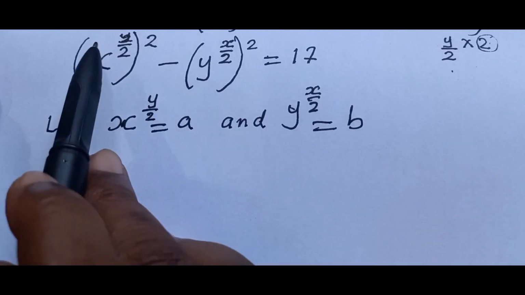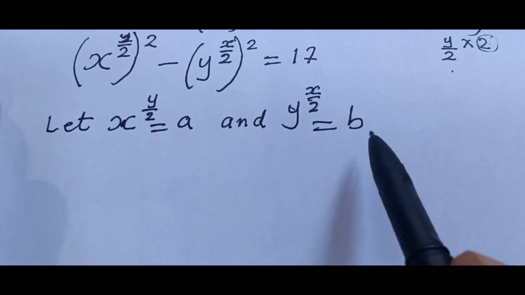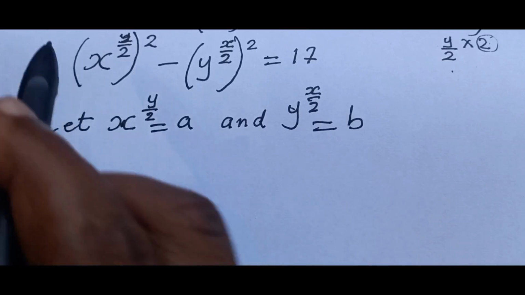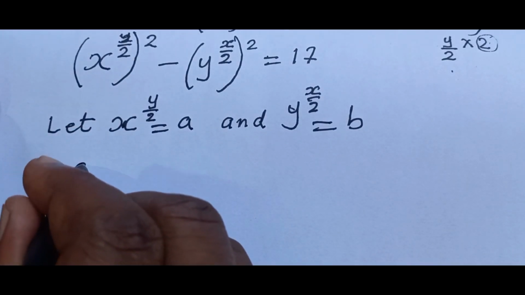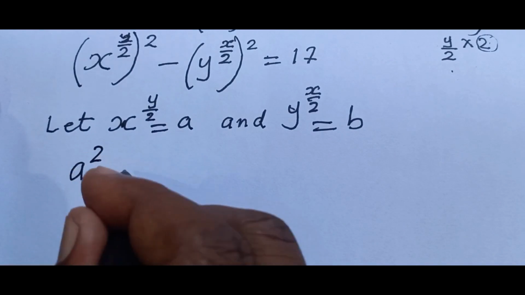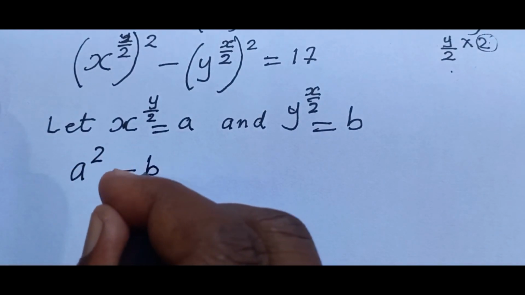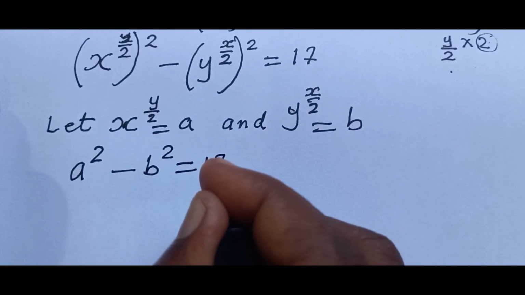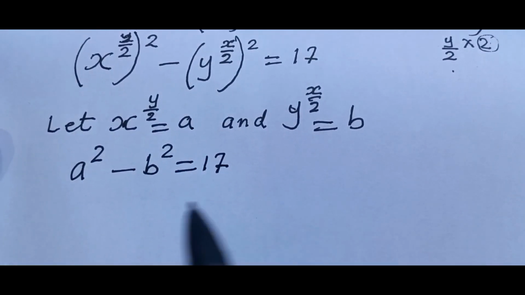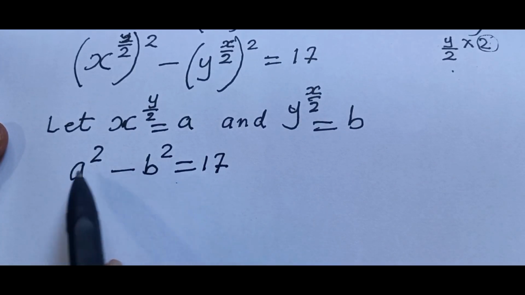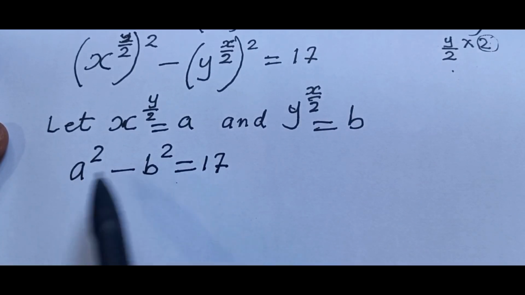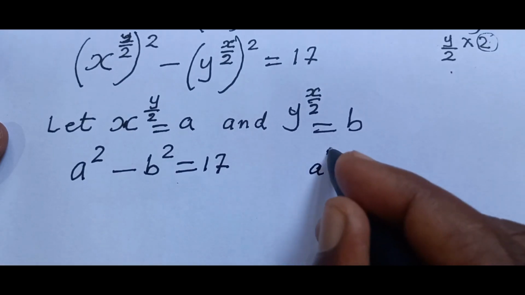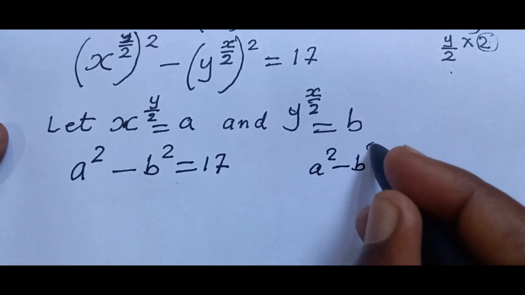Substitute a in this case because a equals to this one, and substitute b here because b equals to this one. So here we have a squared minus b squared equals to 17. This is the difference of 2 squares, which can be written as a squared minus b squared.